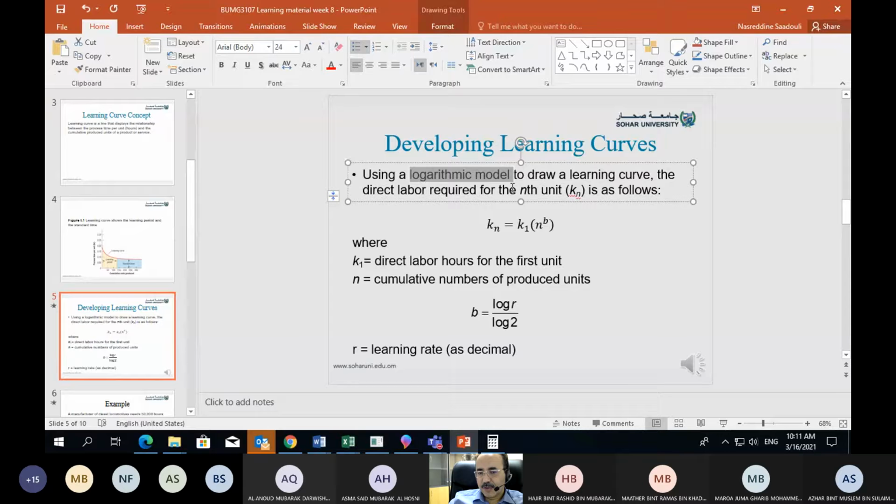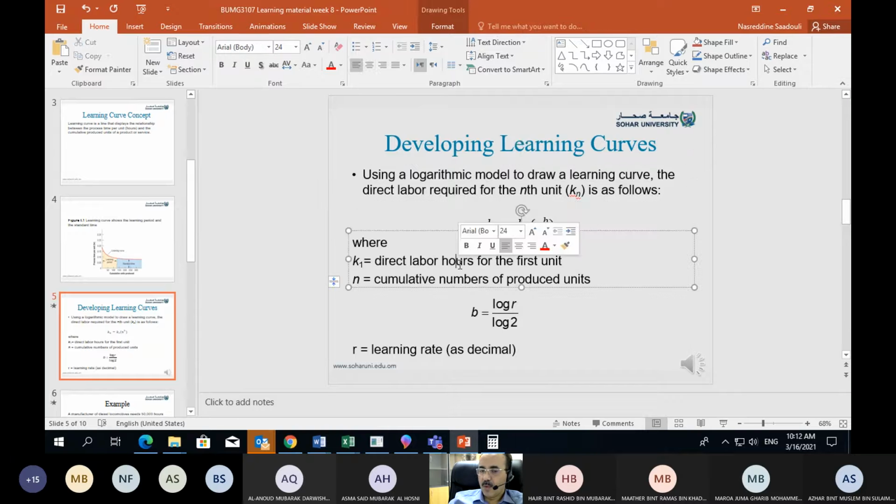And the function for the time it takes to produce the nth unit, which we're going to refer to as Kn, is calculated using this formula. Kn is equal to K1 multiplied by n to the power of b.